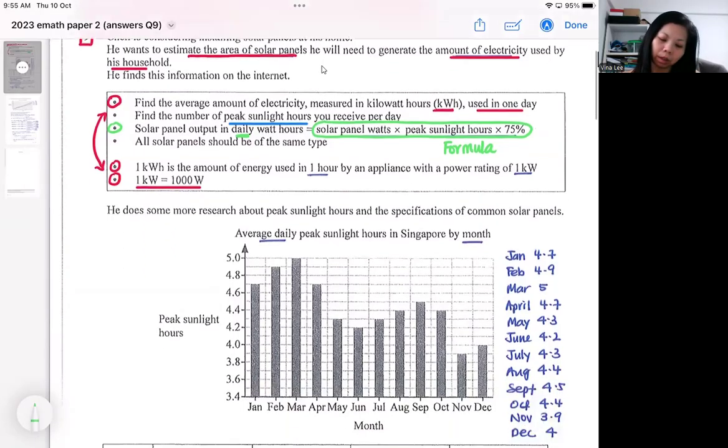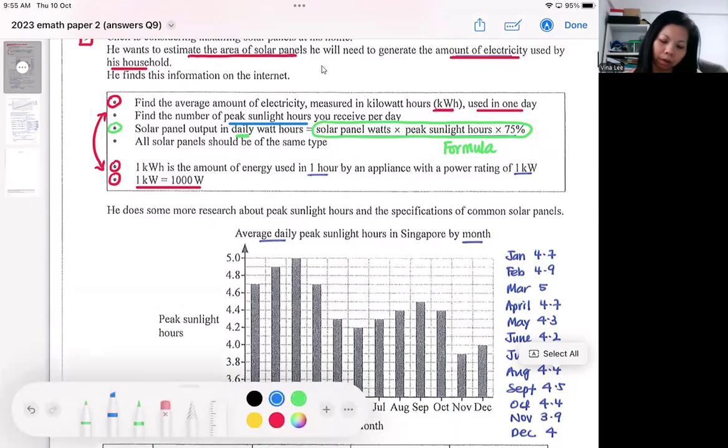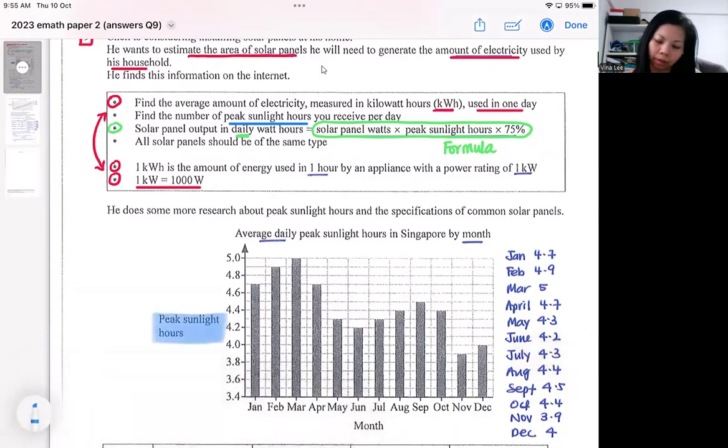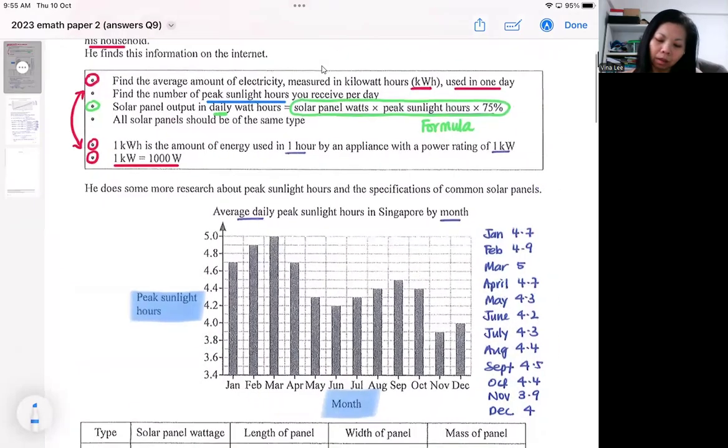Then subsequently, we have this bar chart about the peak sunlight hours in terms of the month. You can see there are some months where you do not have so many sunlight hours, typically in the year end.